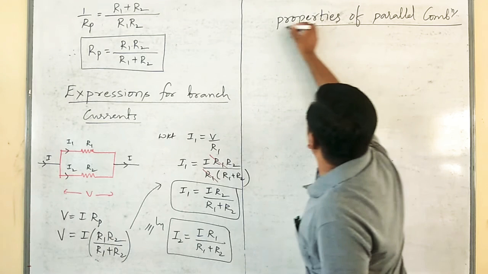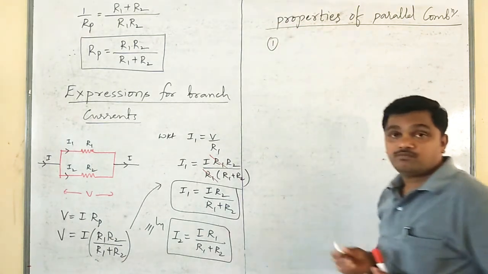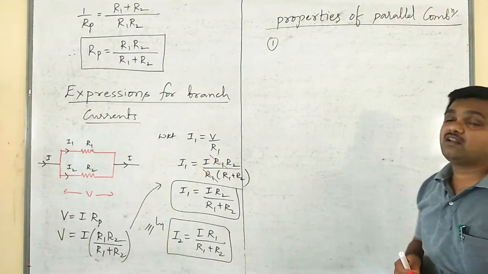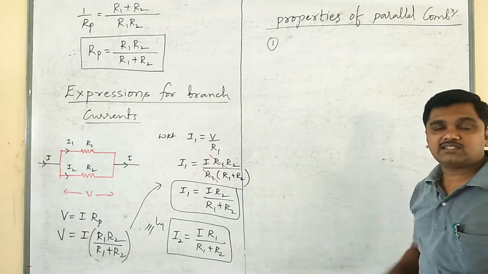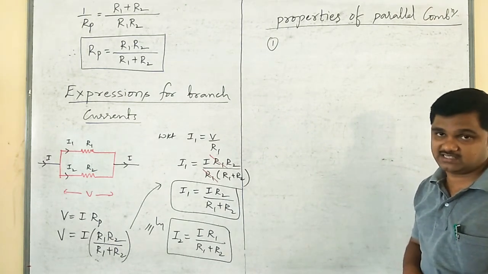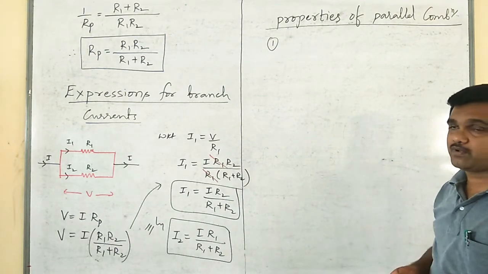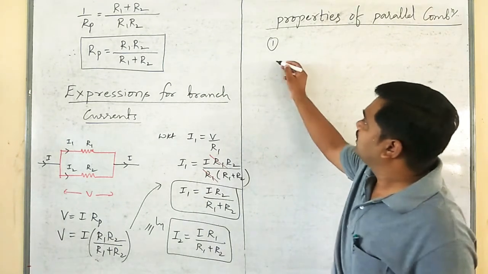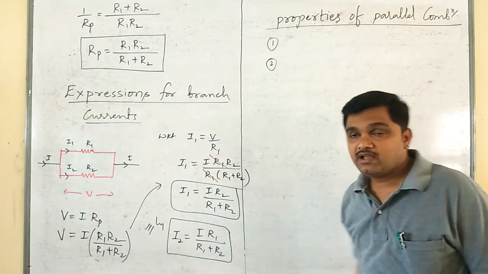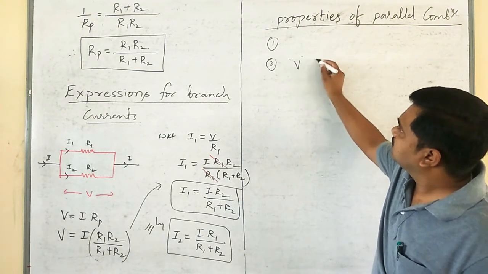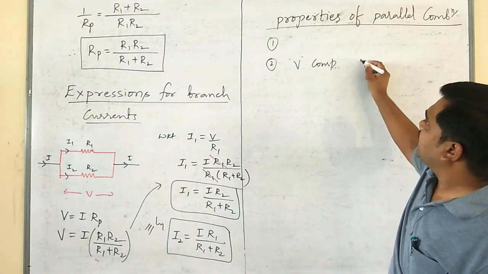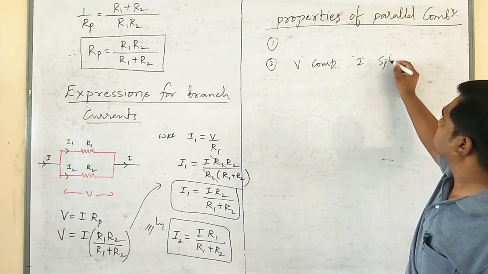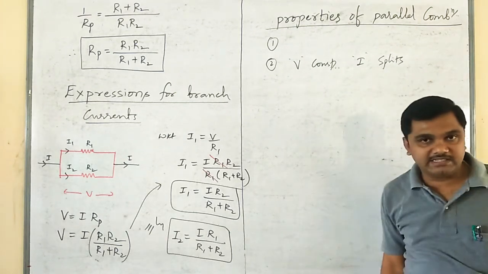When do we need this parallel combination? We go for parallel combination if we want smaller values of resistance. Okay, that is the first property or salient feature. Here, V is constant and I splits or divides.